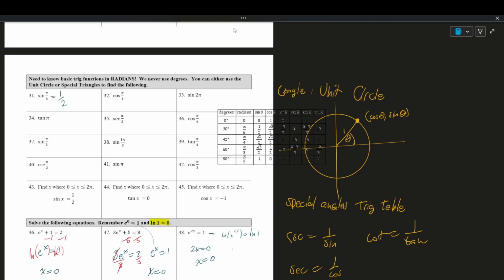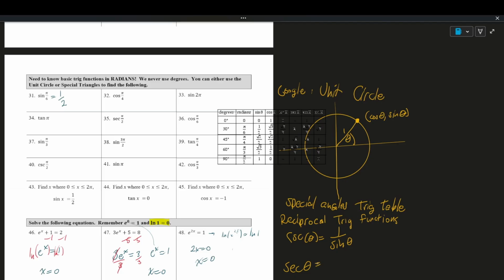Please remember your reciprocal trig functions. Cosecant of theta is equal to 1 over the sine of theta.